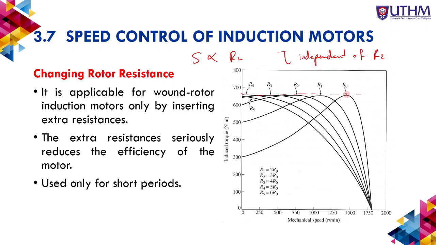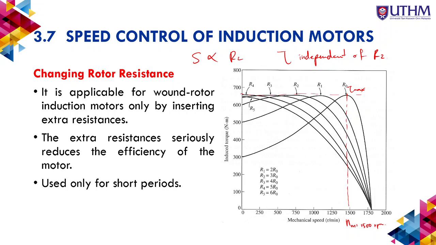For example, this one is the torque max. This is when at the torque max, for example, Nm is equal to 1,500 RPM.